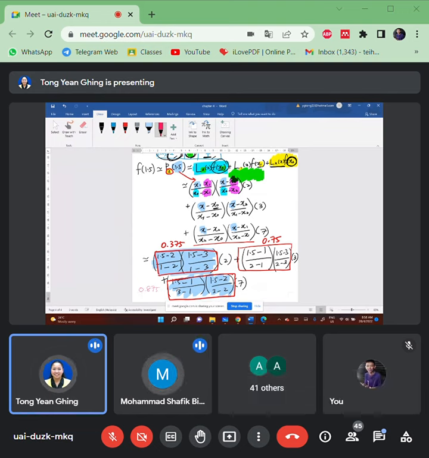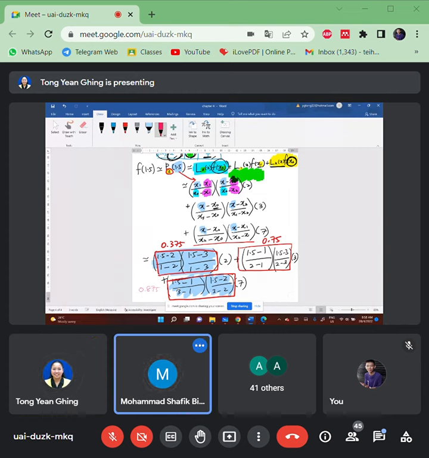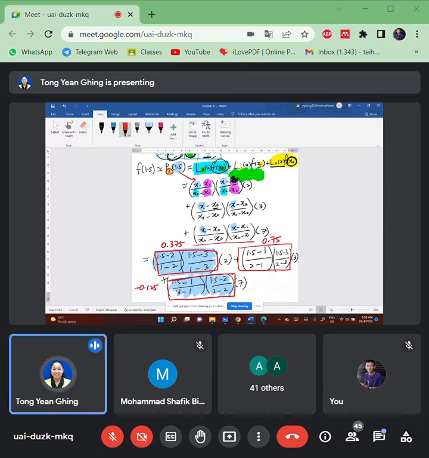Mastura said negative 0.125. Yes, yes. Then you multiply everything. What Yana gave, Noliana gave. So, the answer is 2.125.